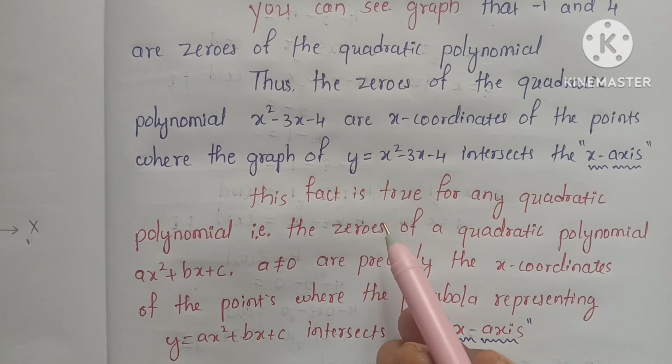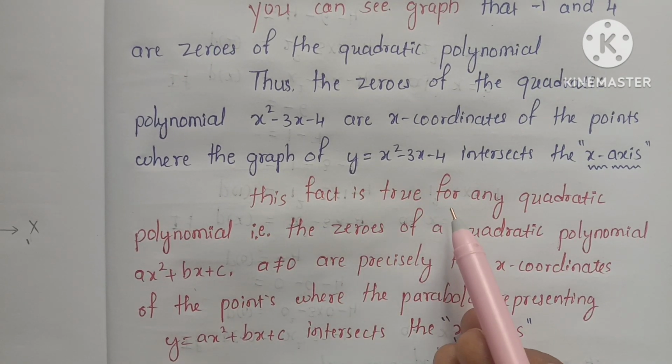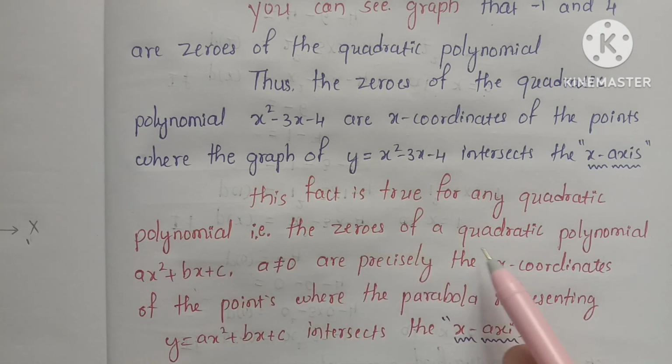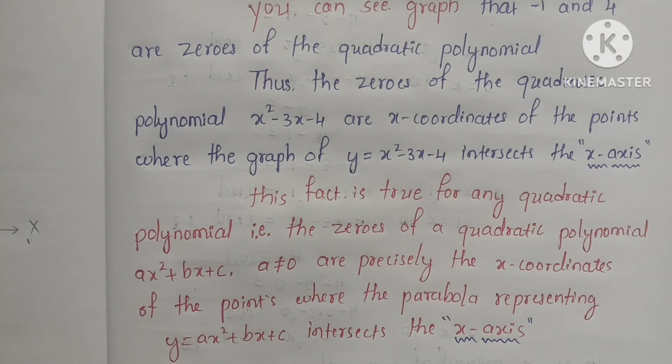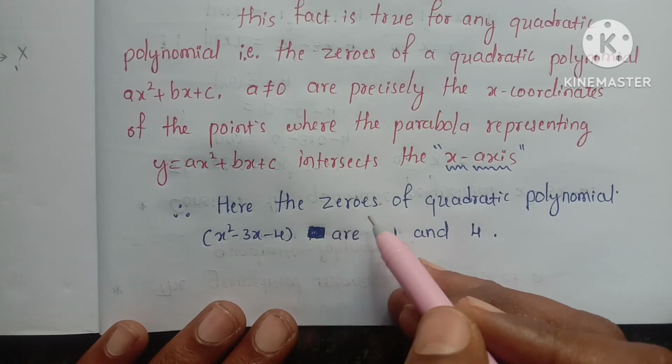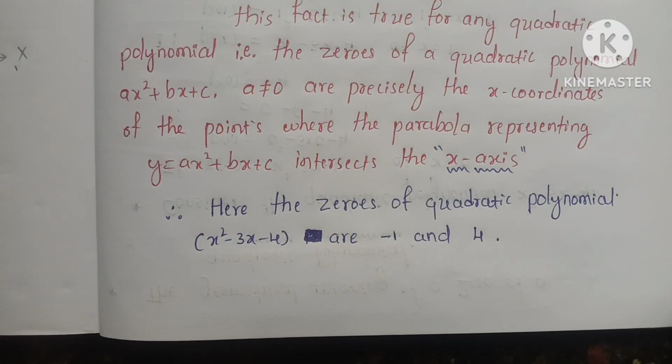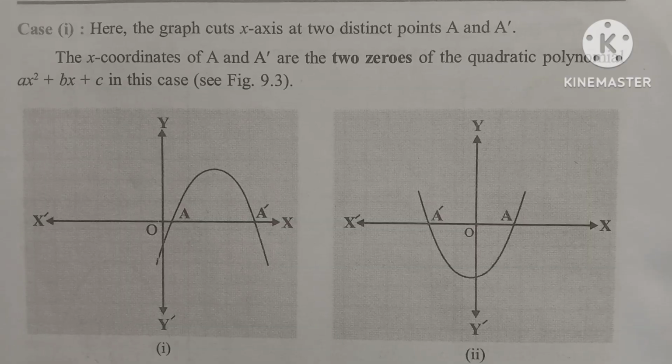This is true for any quadratic polynomial: the zeros of ax square plus bx plus c, a not equal to 0, are precisely the x coordinates of the points where the parabola representing y equals ax square plus bx plus c intersects the x-axis. Here the zeros are minus 1 and 4.